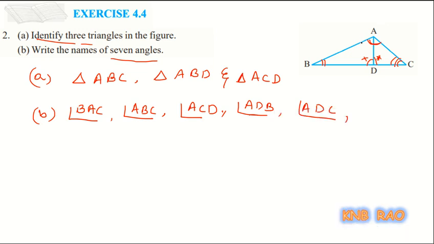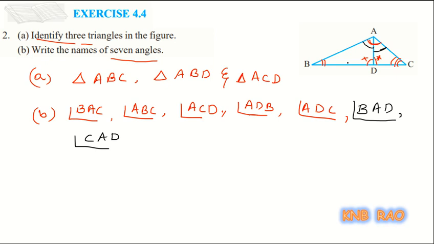I have got this angle BAC divided into two parts now: angle BAD and this portion, angle CAD. So total now I have got 7 angles in this triangle.